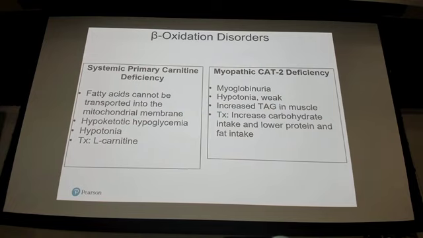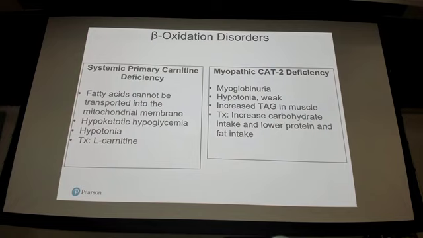So our bodies have basal levels of ketone bodies, but in systemic primary carnitine deficiency, we're hypoglycemic already, but ketone bodies cannot be generated because we cannot metabolize the fat, because it cannot enter into the mitochondria. So you have what is called hypoketotic hypoglycemia.